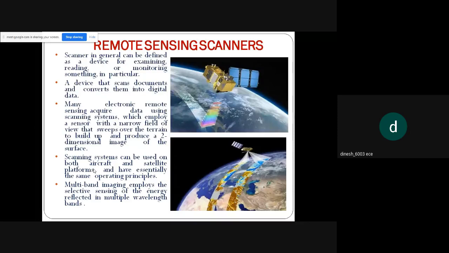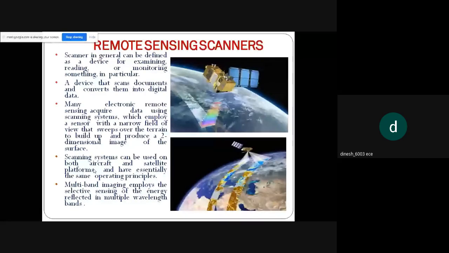Now, to have a global coverage, we place our satellites in space depending upon the application. Either we place it in low Earth orbit, or in medium Earth orbit, or in high Earth orbit, or in geosynchronous orbit.